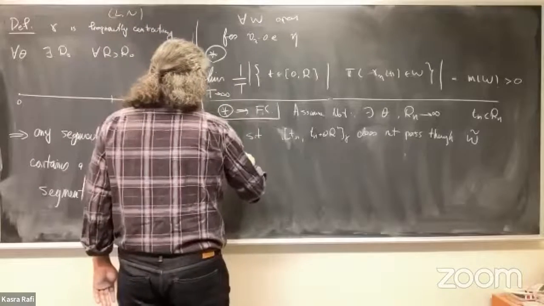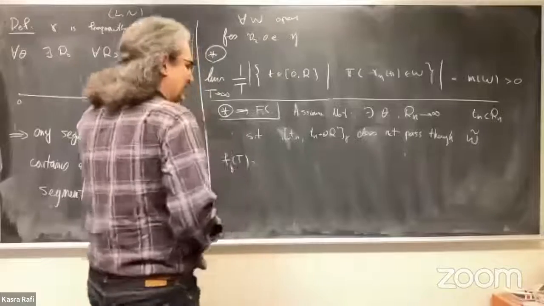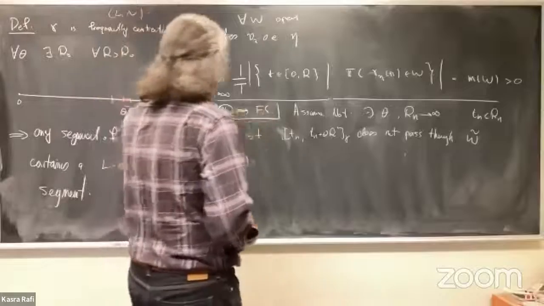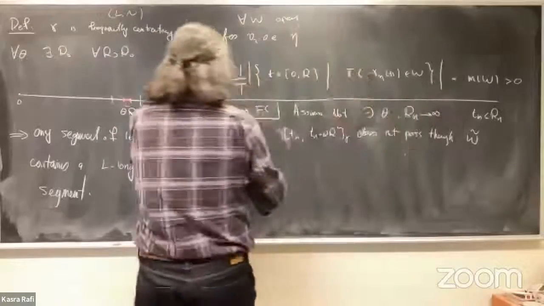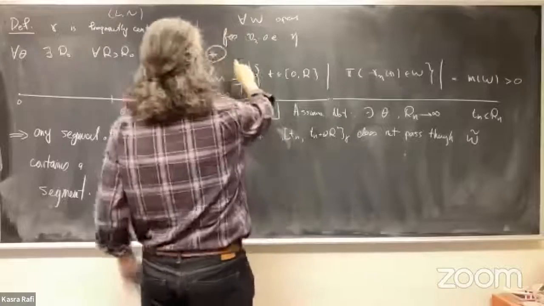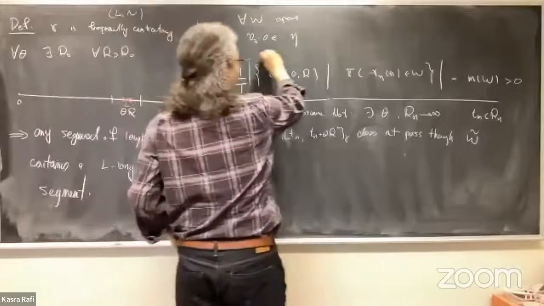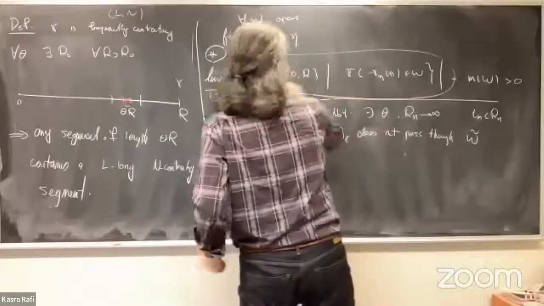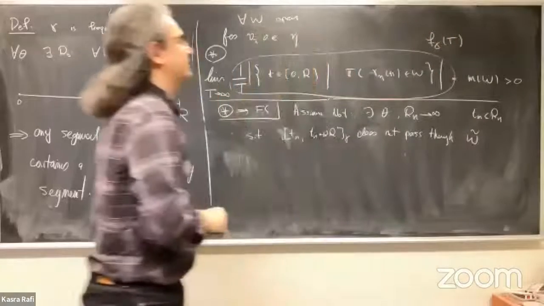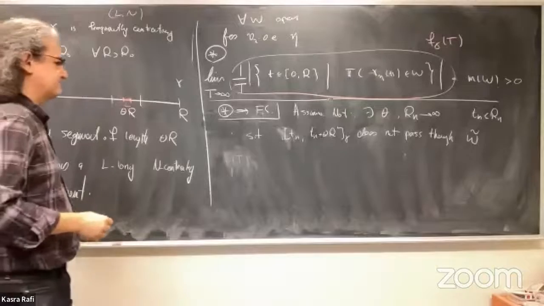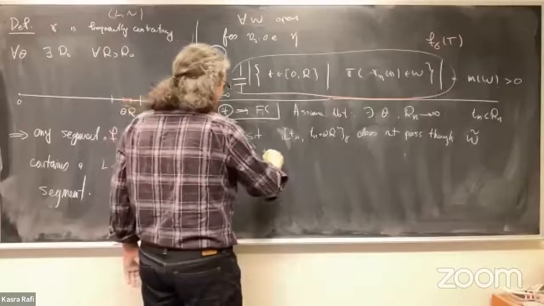function f gamma of t to be the proportion of the time that you actually do spend in W. I want to name this function something. So this function whose limit exists, I want to call f gamma of t. So the funny thing that happens is, this is Tn.